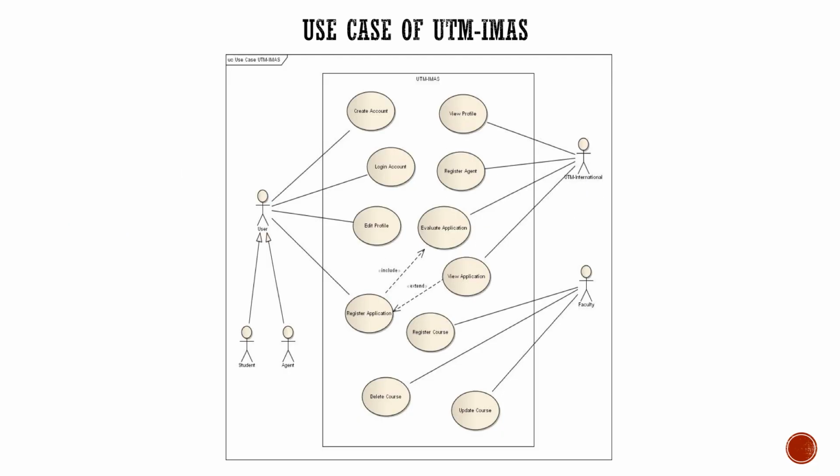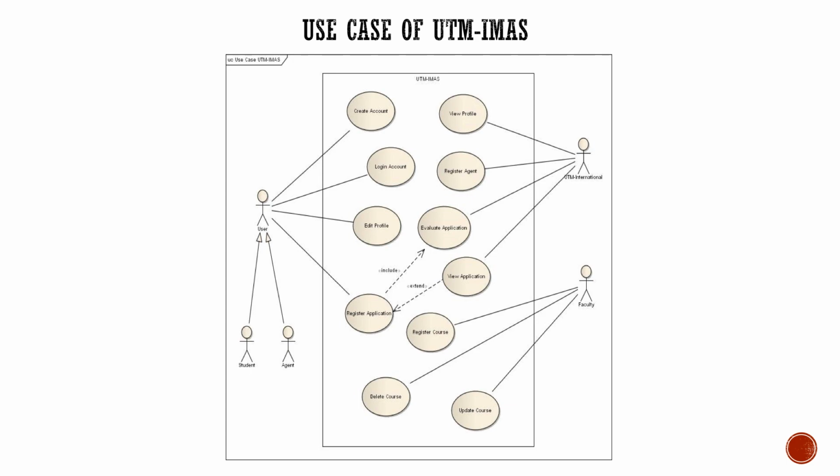In this chapter, I will explain about the requirement analysis and design for the system. Figure shown is the overall use case for the UTM-IMAS. As you can see, there are three actors that involved in the UTM-IMAS. The student and agent actor is inherited by the actor user.